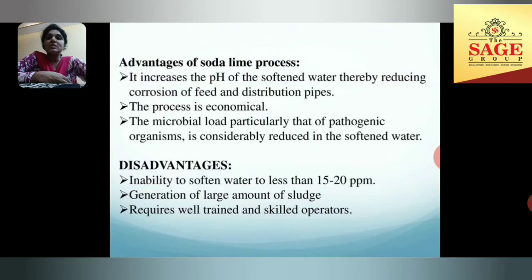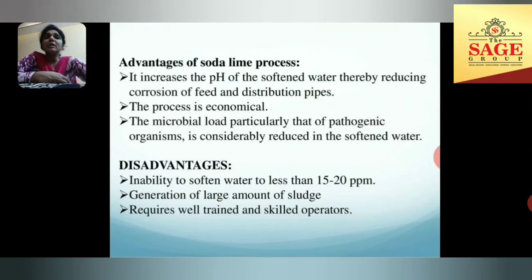Now first let us look at the advantages of this lime soda process. First of all, it increases the pH of the softened water. When we add lime and soda, the pH of the softened water increases, and due to that the possibility of corrosion is reduced. The second important thing is that this process is very economical, that is, cheap. The cost of lime and soda is very low, so it is a cheaper method to soften water.